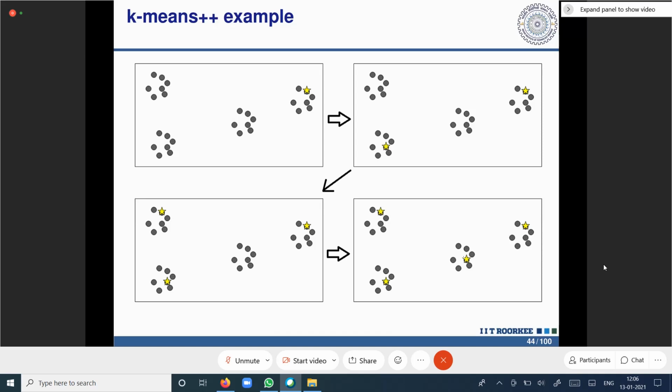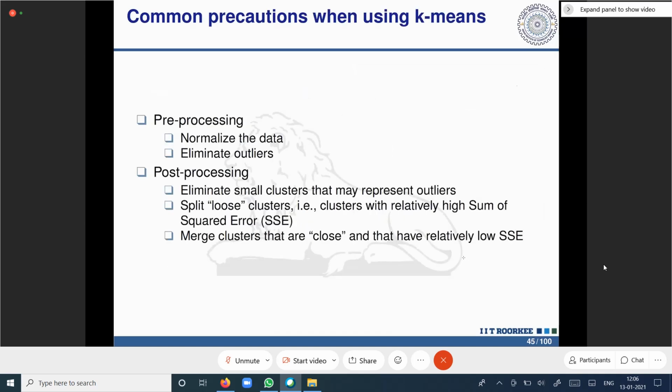This ensures that we have at least one initial seed which belongs to or is very close to the natural clusters. All right, so this is one of the ways to ensure that your initial seeds are good.